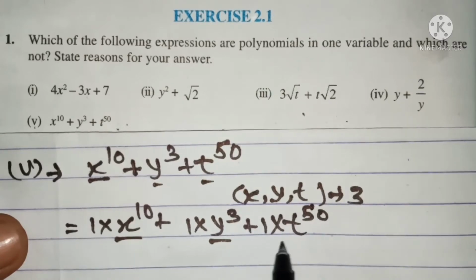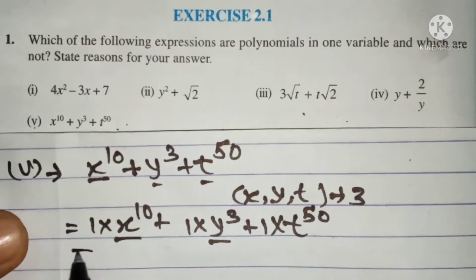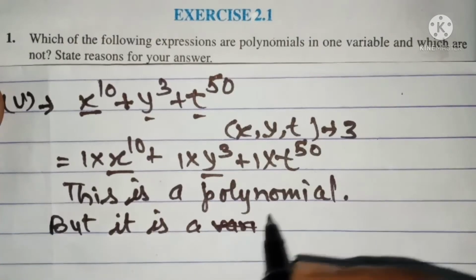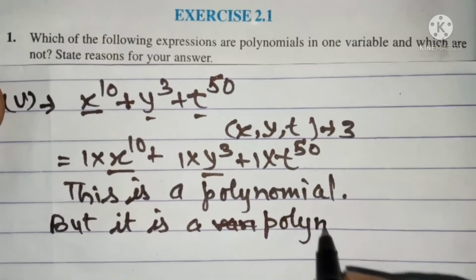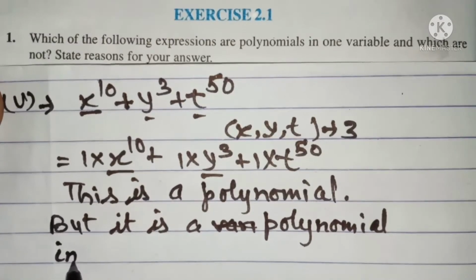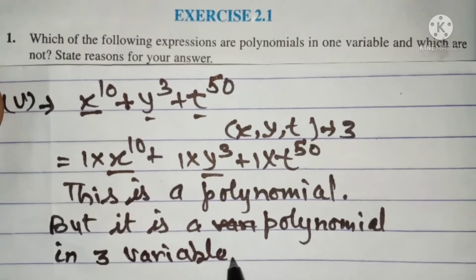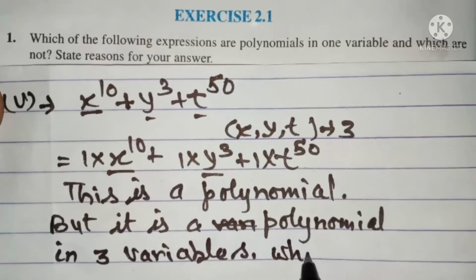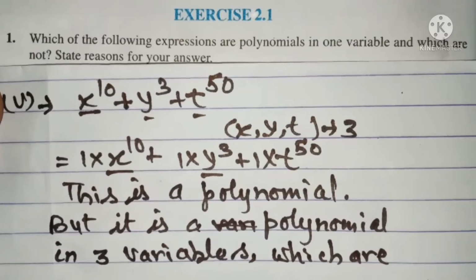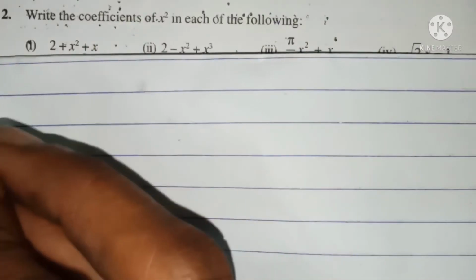The number of terms is 3, which is finite, so this one is a polynomial, but it is a polynomial in three variables, which are x, y and t.